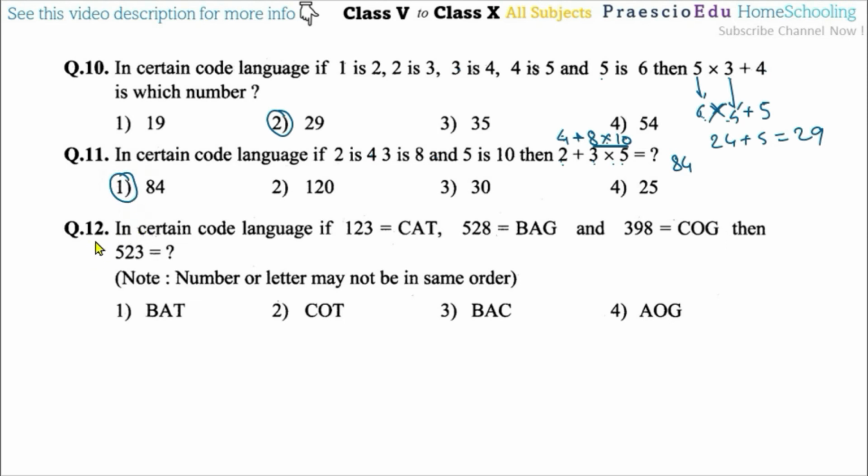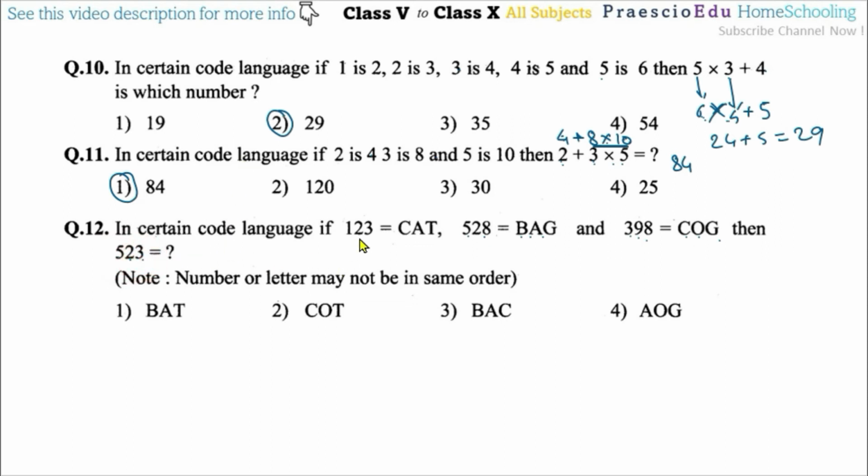Now question number 12, in certain code language if 1 2 3 is equal to CAT, 5 2 8 is equal to BAG, and 3 9 8 is COG, then 5 2 3 is equal to how much?